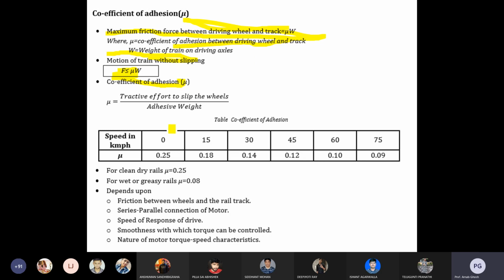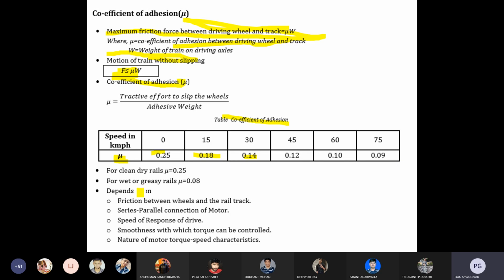So the mu value, how much it will be, is given in a table for the coefficient of adhesion: mu equal to 0.25, 0.18, 0.4, 0.14, and so on.